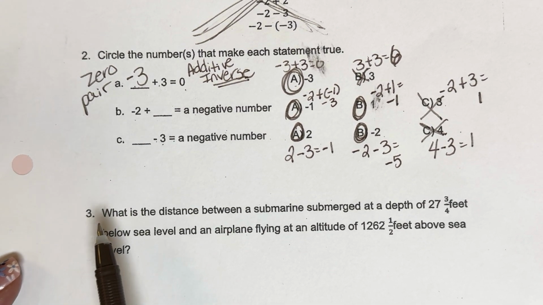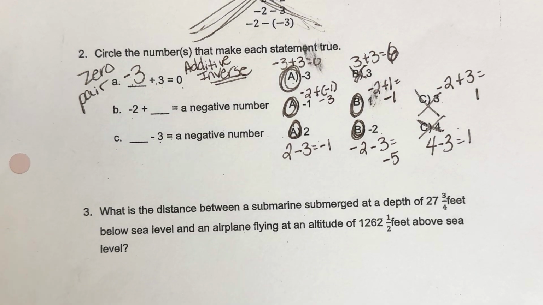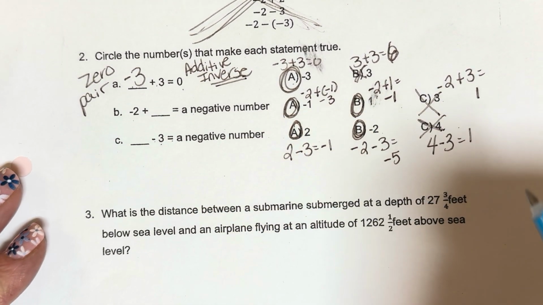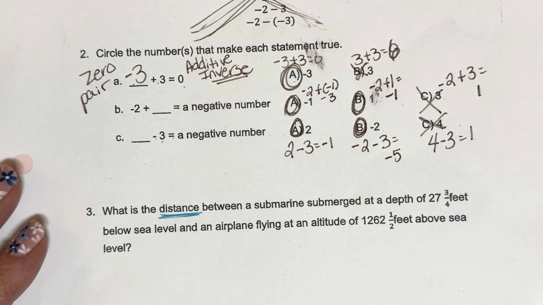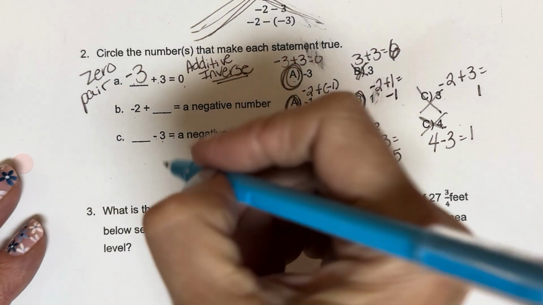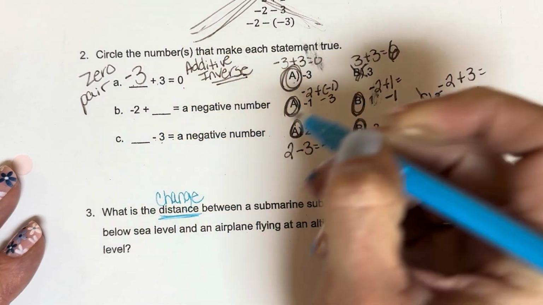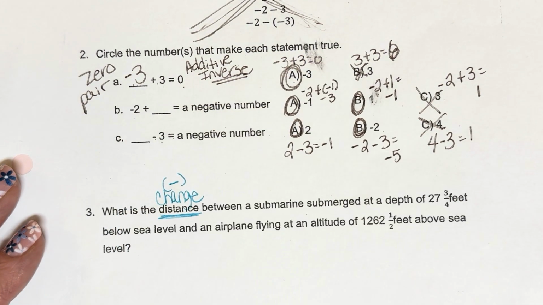Okay, number 3. I'm gonna change colors. What is the distance between a submarine? Whoa, back up. Distance. I've already told you, distance means change. Therefore, distance change means we're gonna have a minus.